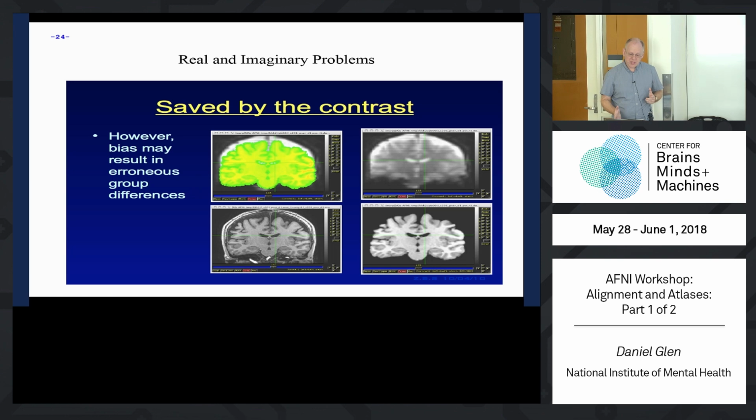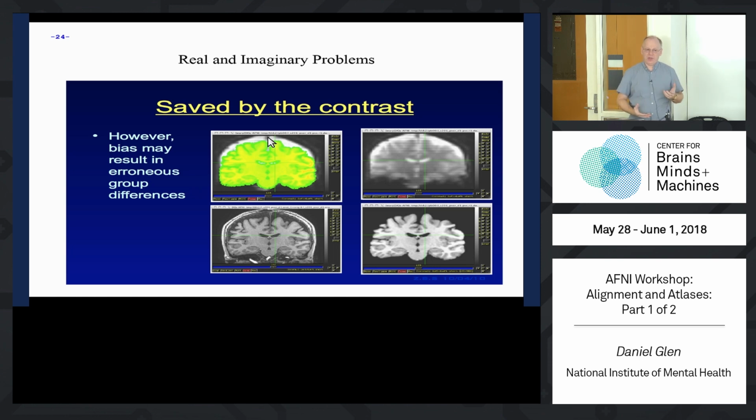When we introduced this, one of our users, Mike Beauchamp, sent us this data set and said, your new alignment procedure doesn't work. Look at this. And we said, oh, wow, we thought we tested it well, but it looks like there could have been something wrong. He showed us this anatomical data set over an EPI data set. Now, as you have seen here, we generally do it the opposite way.